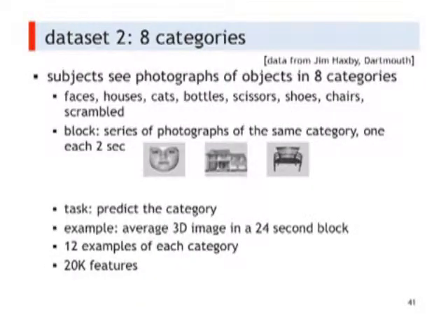The second data set is the data set that was talked about earlier. So it's from Jim Haxby's 2001 Science paper, where subjects are seeing photographs that belong to one of 8 categories. The examples in this case are, you have a block of images of the same category, you average the images within that block, you get a single image which is an example for each block, and its label is the category of the thing that was being shown.